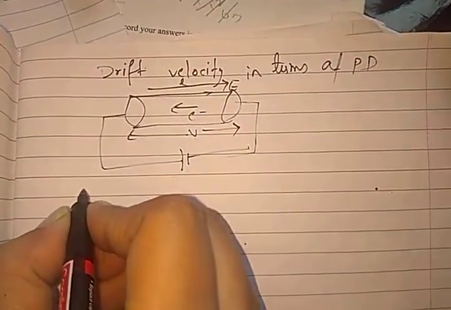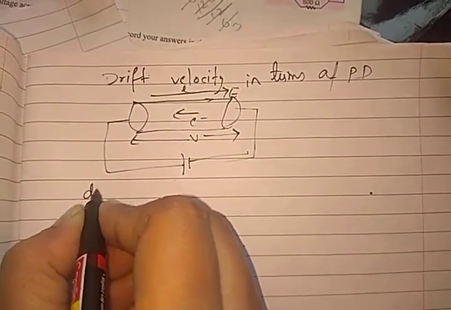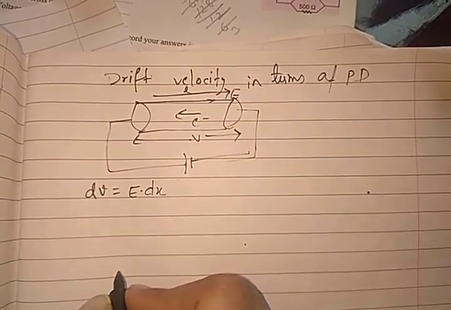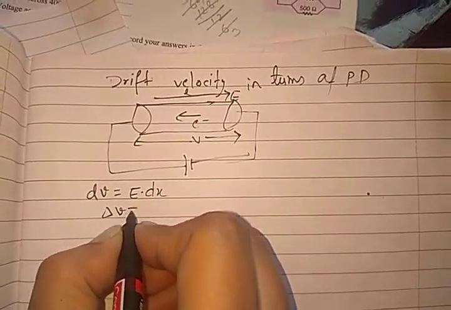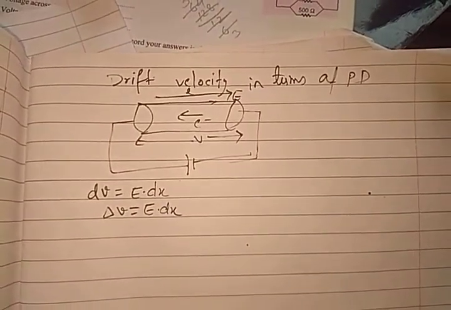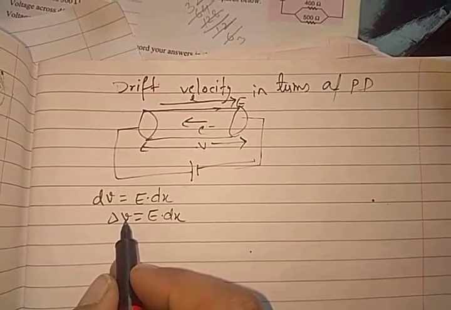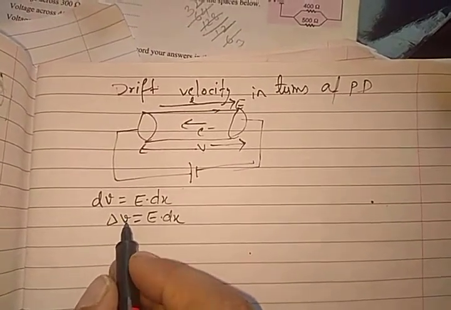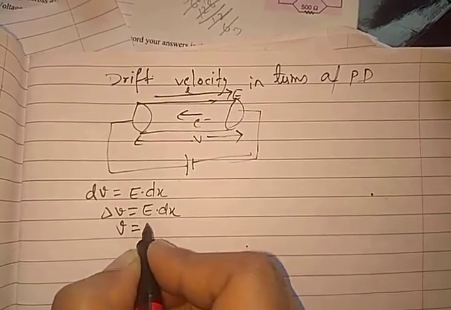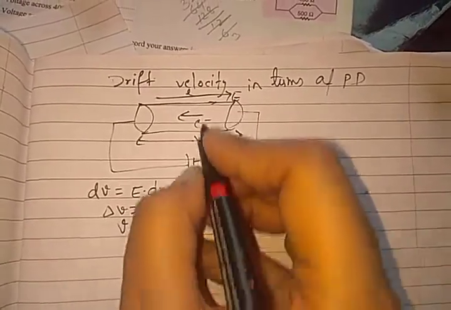Now we have potential in electrostatics. We have written the expression dV is equal to E dx, and also del V is equal to E dot del x. It is a potential difference. So E into dx means what?